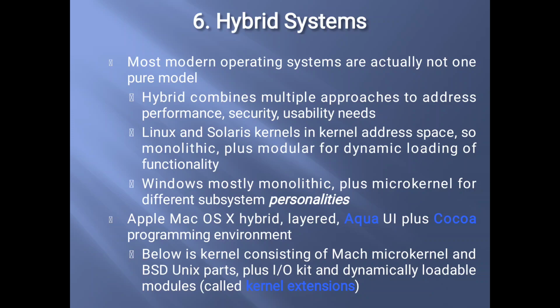Then the next approach is hybrid systems. Most modern operating systems are actually not one pure model, they are hybrid. The hybrid combines multiple approaches to address performance, security and usability needs. The Linux and Solaris kernels are in a kernel address space, so they are monolithic plus modular for dynamic loading of functionality. Windows is mostly monolithic plus microkernel for different subsystem personalities.